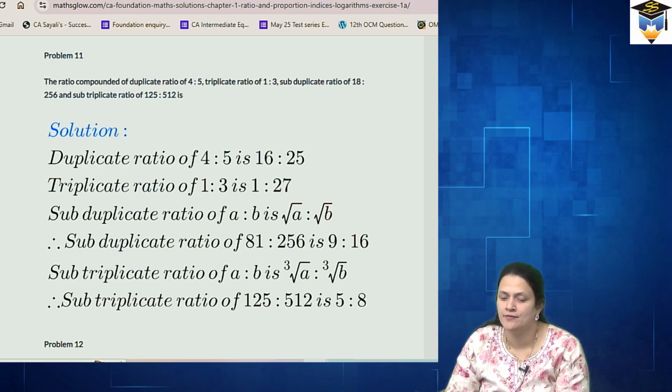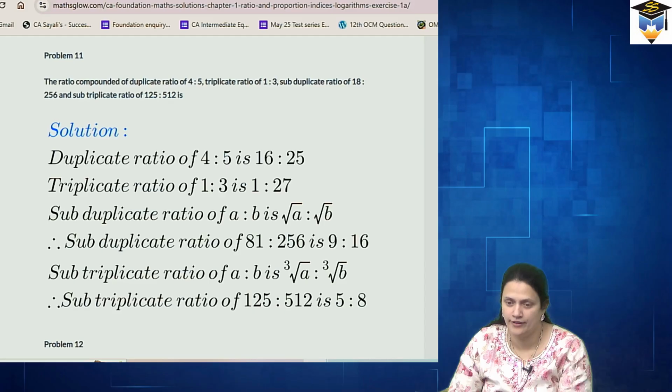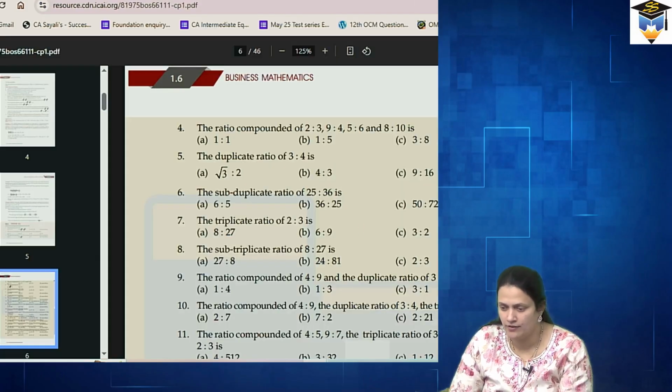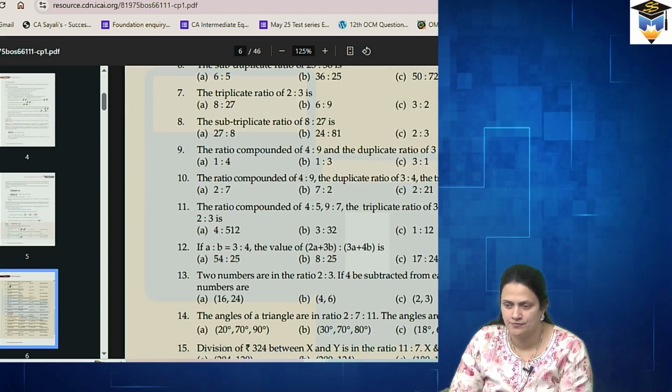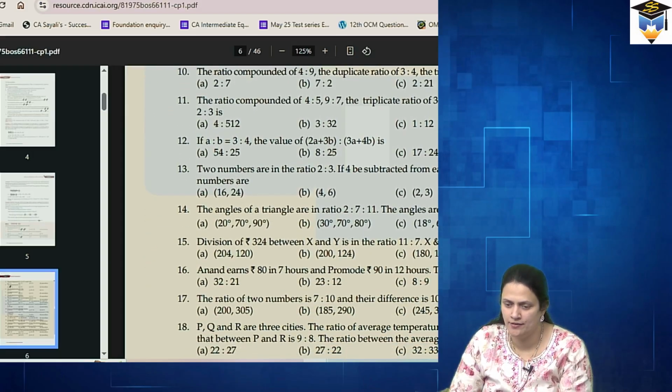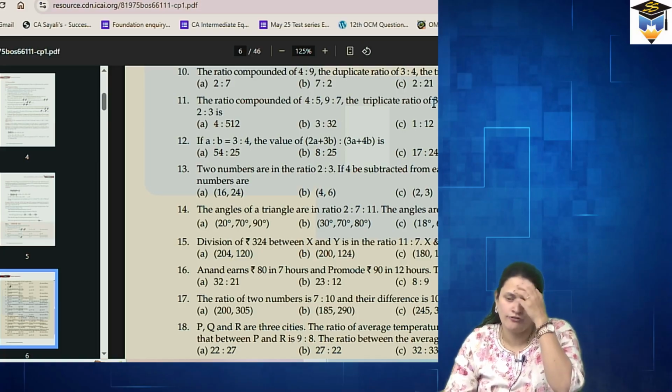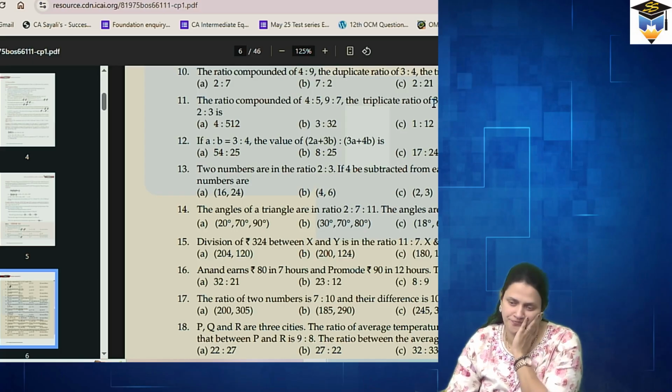This is not it. Wait, let me check. Tenth was done. The ratio compounded of 4:5, 9:7, the triplicate ratio of 3/4. So what is the triplicate ratio of 3/4? 3 into 3 into 3 upon 4 into 4 into 4.